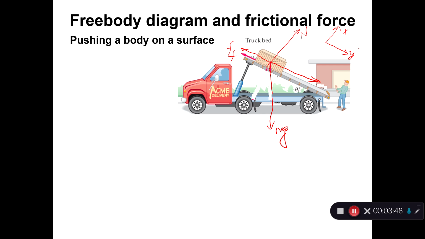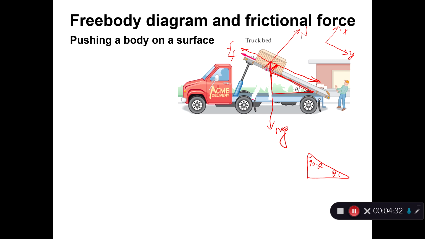I can choose the other way also, it doesn't matter. I have to calculate the components of mg along this direction and perpendicular to it. Let's take this triangle, where this angle is 90 minus theta.